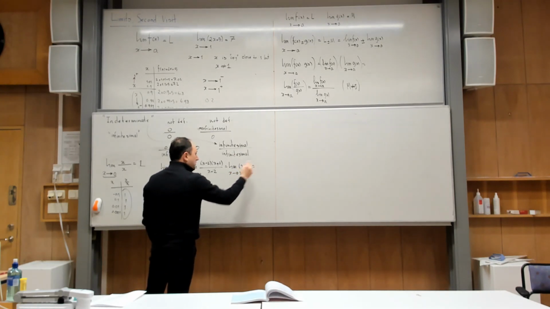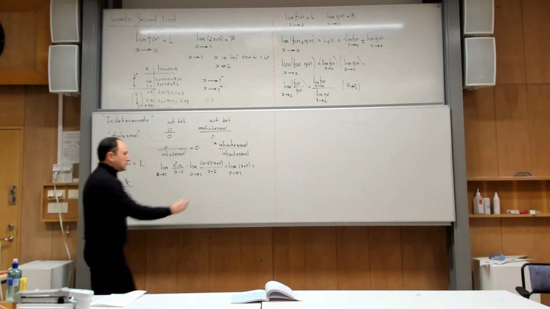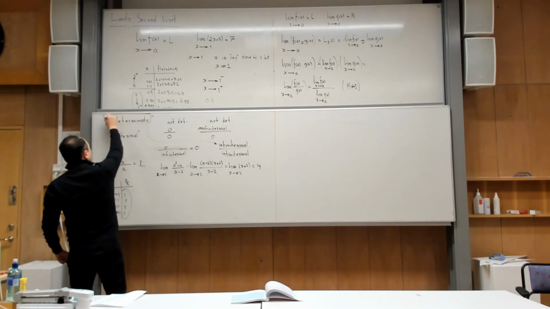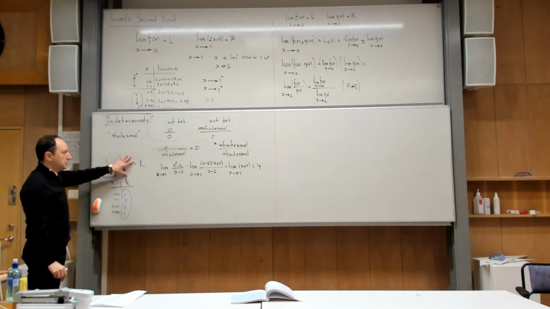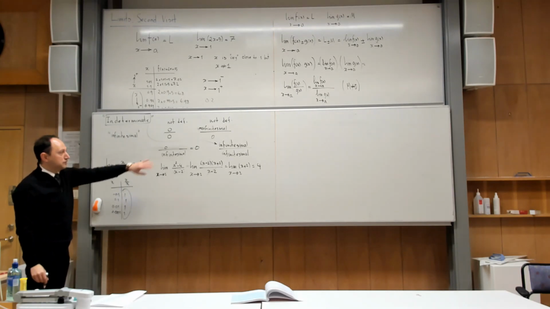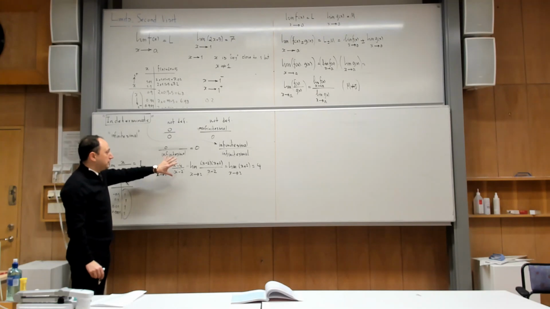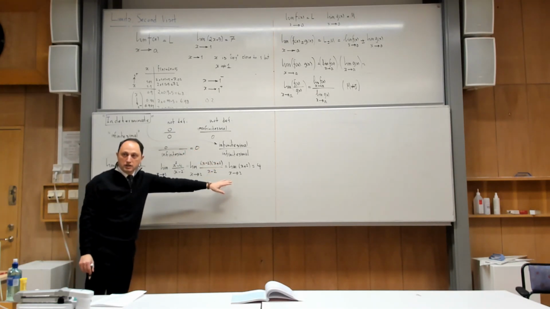But then what happens? This becomes the limit of x plus 2, x goes to 2. So what's the answer? 4. So you see, this is the reason that we call it indeterminate. If I ask you what type of limit you are facing here, you say infinitesimal over infinitesimal, the answer is 1. What type of limit you are facing here, again infinitesimal over infinitesimal, but the answer is 4.